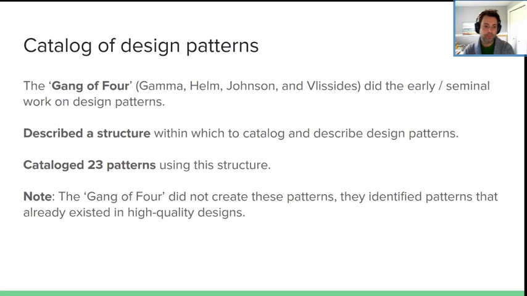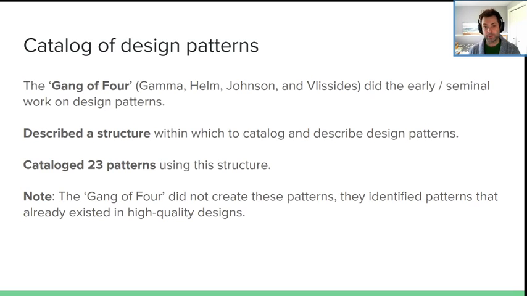All right, so to give you a bit more history before we start moving on to them, originally there were 4 people who did the early work on design patterns, basically figuring out how we can describe these, realizing that these things actually exist, right? All they really did was look at all these software projects and realize, hey, there's a lot of overlap in some of these strategies. Let's catalog them.